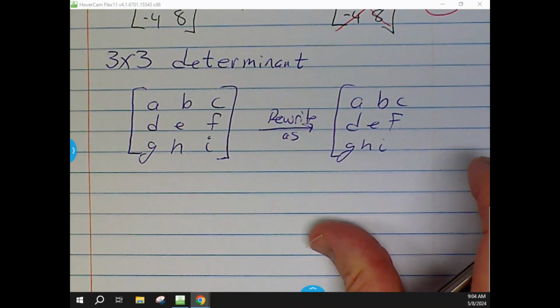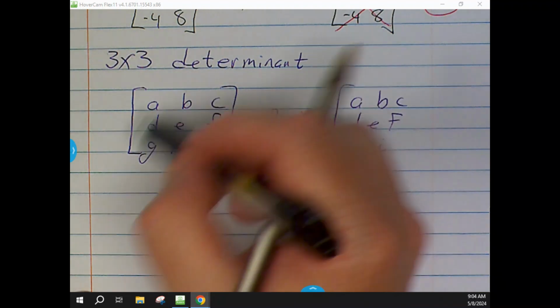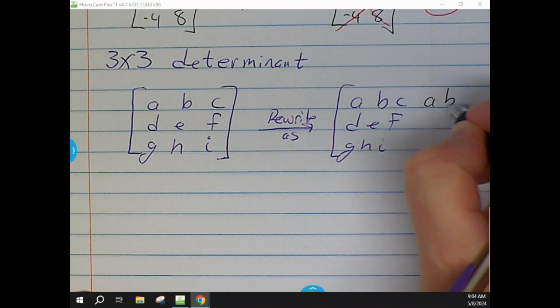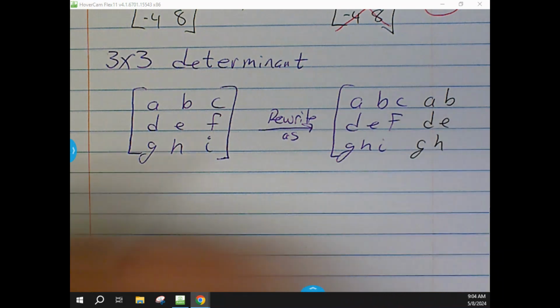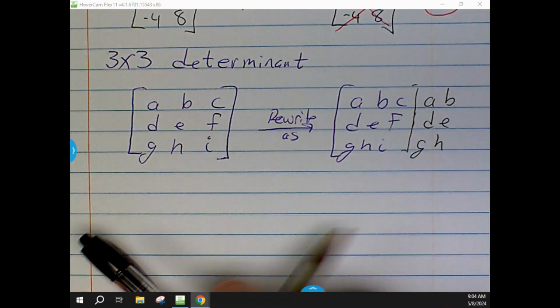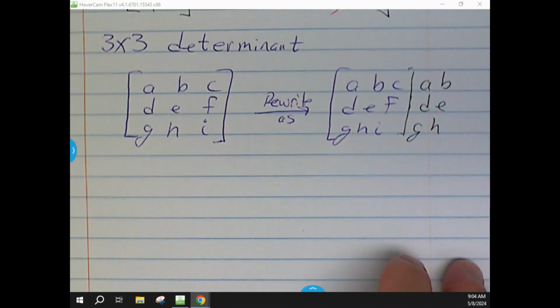And then, because we're still going to do cross products on this one, you're going to take your original 2 columns over here, and you're going to go ahead and put those first 2 columns and rewrite them there. Now, if you want to keep that box we had here, you can go ahead and put that there if you want to. You don't necessarily have to. And let me rewrite that here because I'm going to run out of room. So I'm going to put that at the bottom down here.